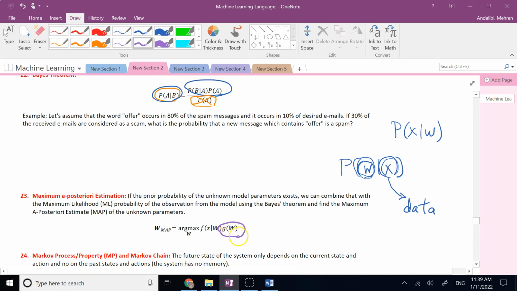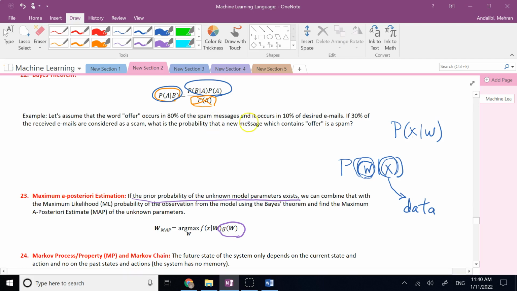Is that such a good thing to have? Yes. This is an extra piece of information, the prior probability of the model parameters. Not always do you have such luxury to know the frequency of your model parameters happening in real life. That's not something you always have. But if you do, you're trying to take advantage of it.